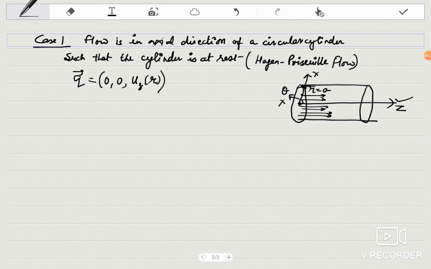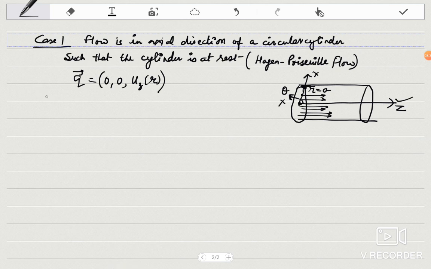So uz will be a function of r. Now because there is axial symmetry, uz will be independent of theta. I told you that there is axial symmetry, so velocity dependence on theta is not possible.